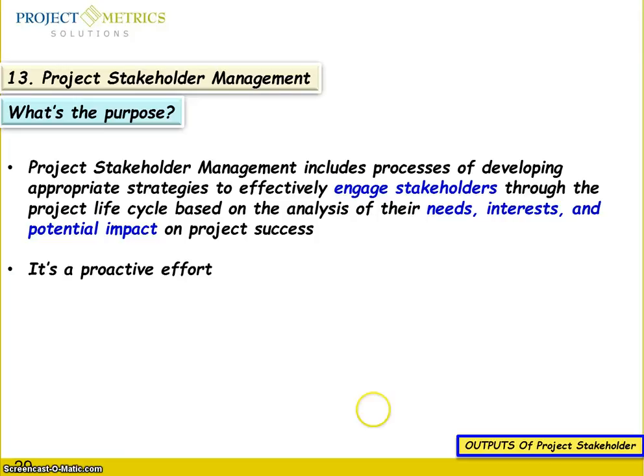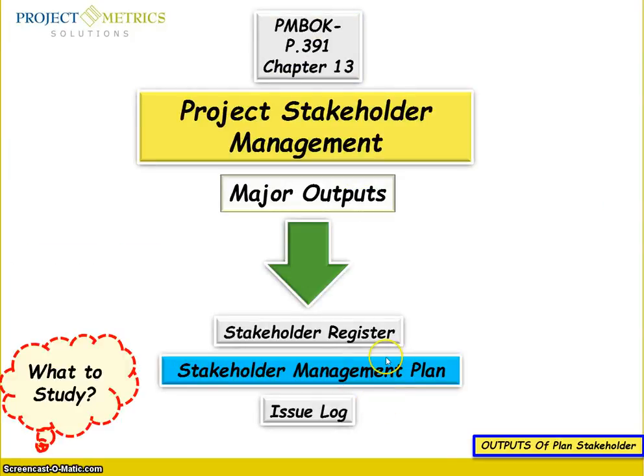So what are the outputs here? The major outputs are the stakeholder register, stakeholder management plan, and the issue log. Try to know the difference between the stakeholder register and issue log. Both are documents. They are not part of the project management plan.